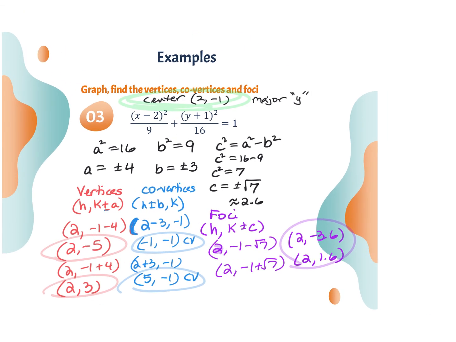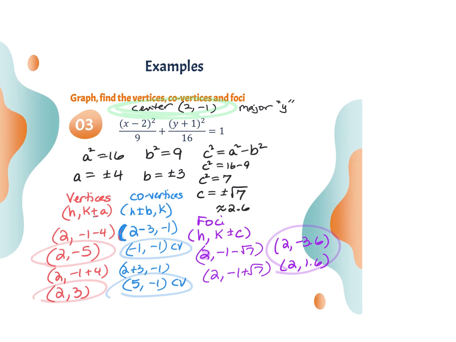So let's go ahead and make the graph here. Let's put in the vertices first. So my vertices are at 2, 3 and 2, negative 5. So I've got a vertex here and here. Let me add in the center as well. It's at 2, -1.